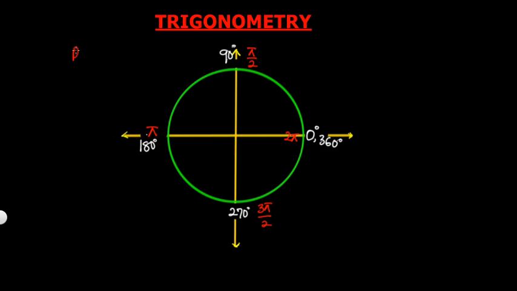So in radian form, 180 degrees will have its radian form to be pi. This is in degree form, this is in pi form. So that is the application of the unit circle in trigonometry.